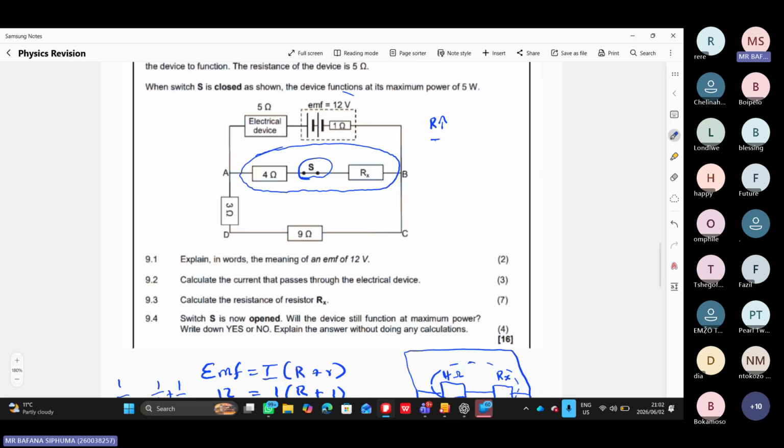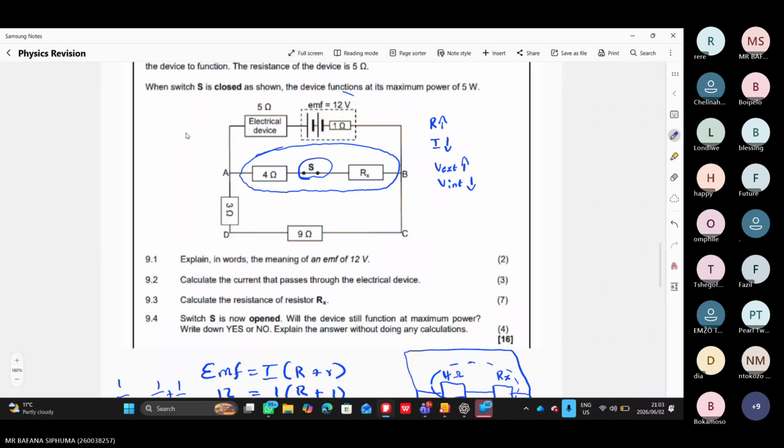You are going to have total current decreasing. What else will happen? V external will increase. V internal will decrease. But that's not our answer. We haven't responded to yes or no.